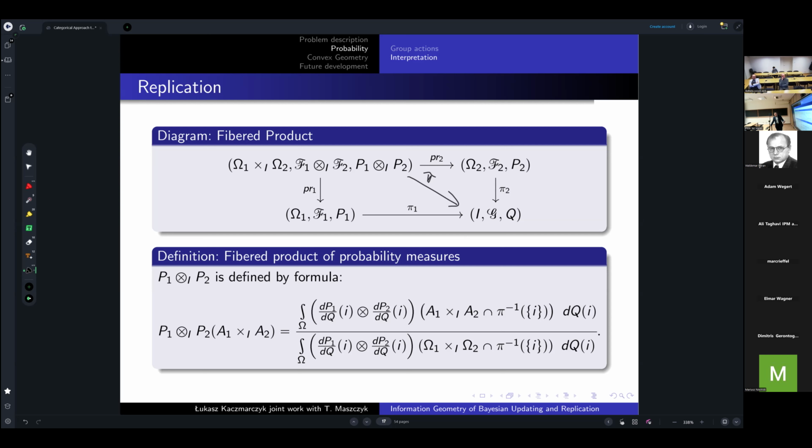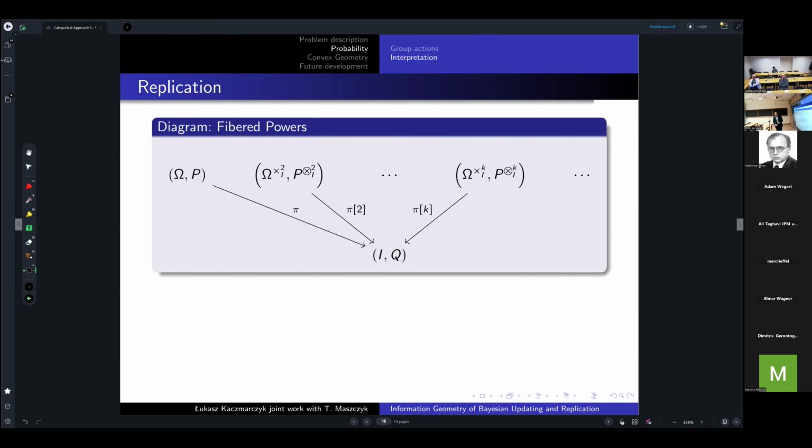And why did we even do that? Well, thanks to that formula from the previous slide, you are able to construct the whole sequence starting from omega, P. You can take the sequence of fiber powers, if the fiber power would be equipped with the fiber power of the measure.